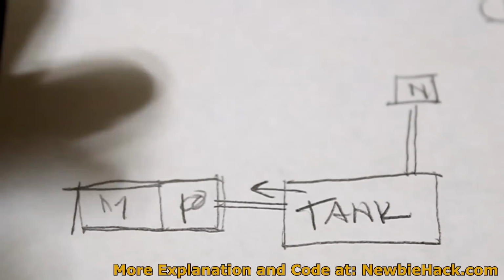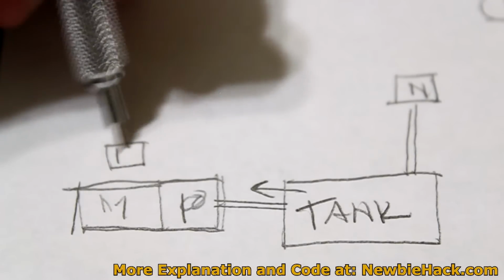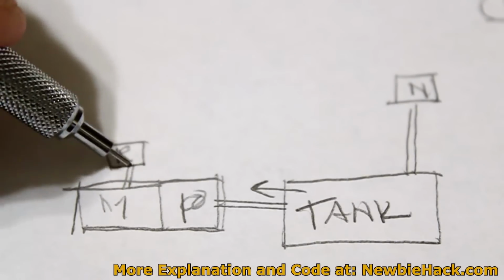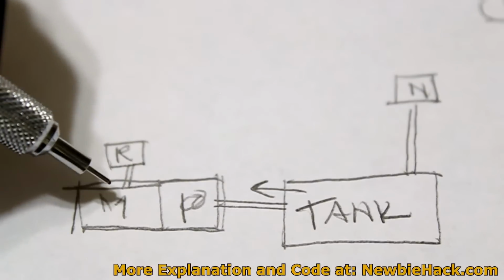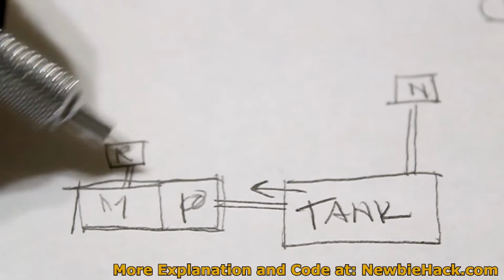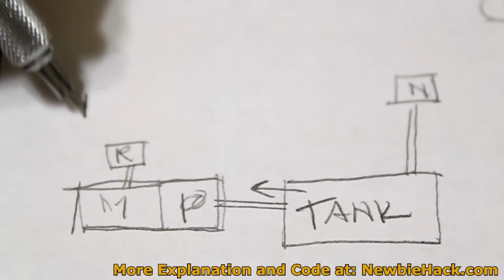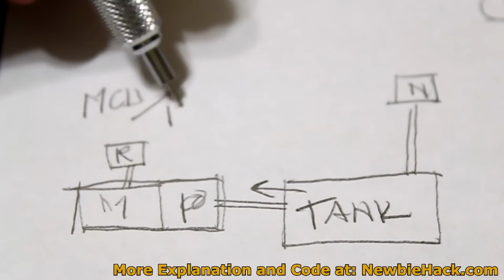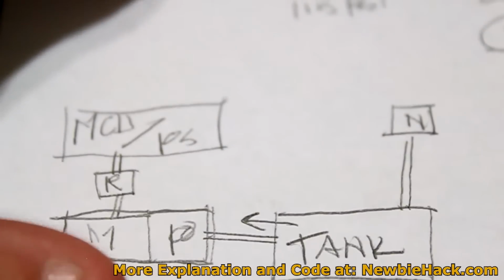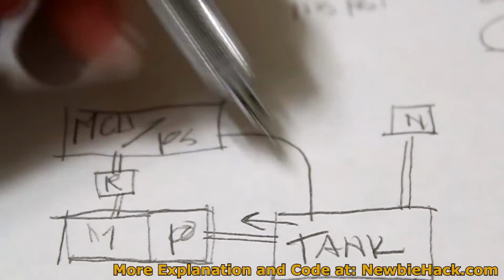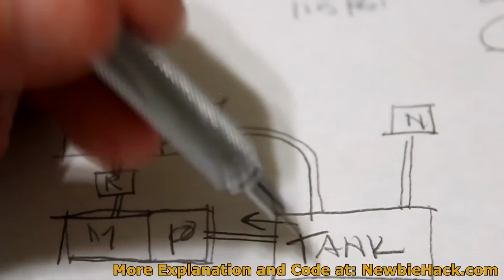We'll have a relay that connects to the motor, and a relay allows the motor to turn on and off using the 110 volt system that I have, and the microcontroller and pressure switch will control the relay. The pressure switch will also have a line to the tank measuring the pressure of the tank.